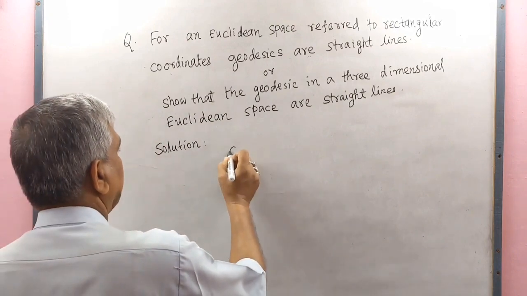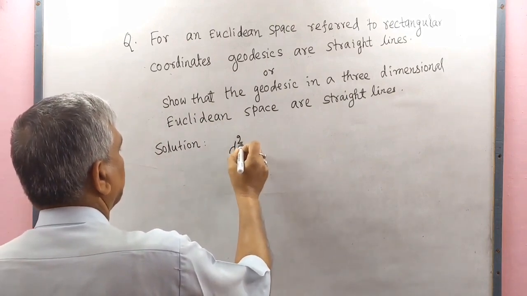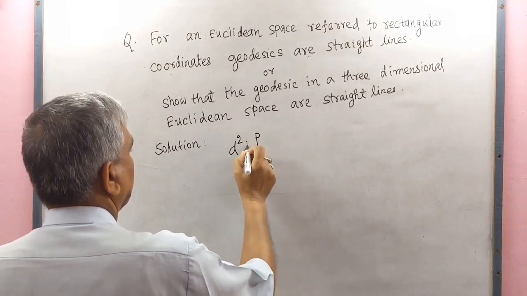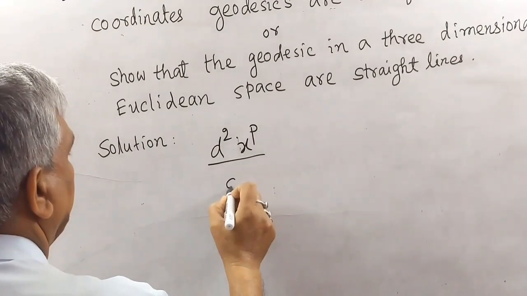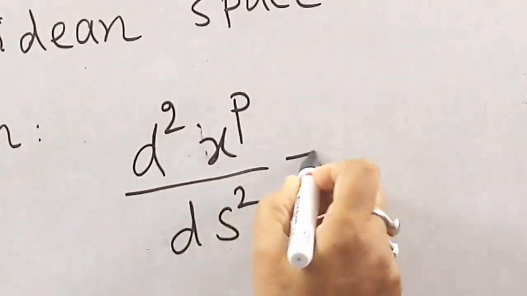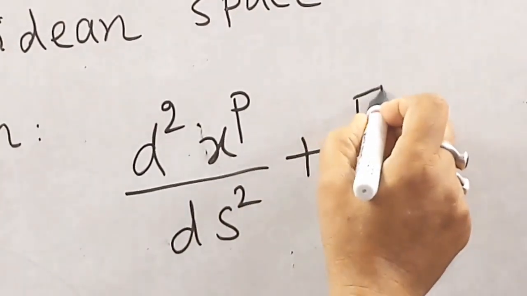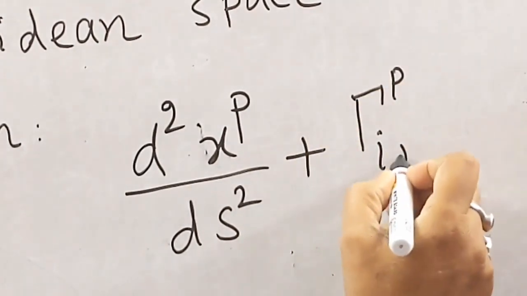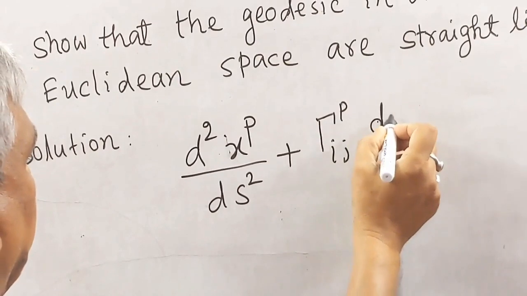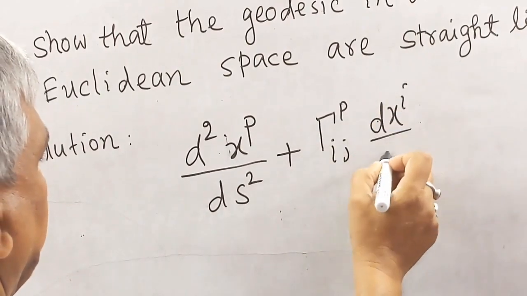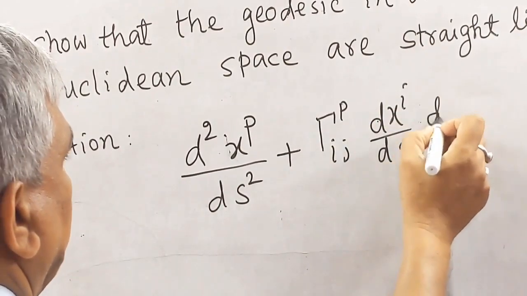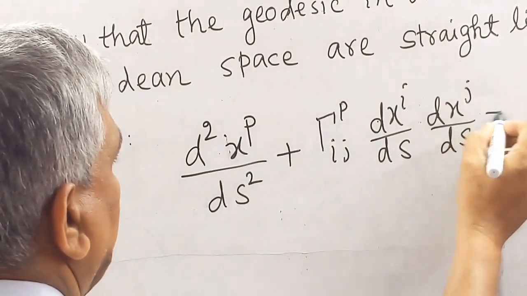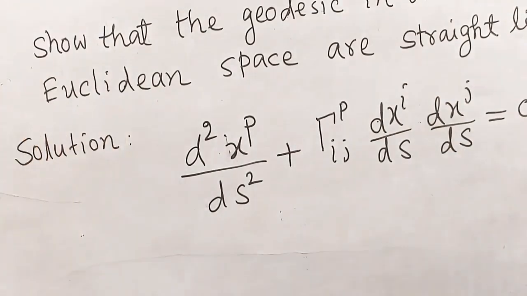Equation of the geodesic is d2xp by ds square plus Christoffel symbol of second kind dxi by ds dxj by ds equal to 0.